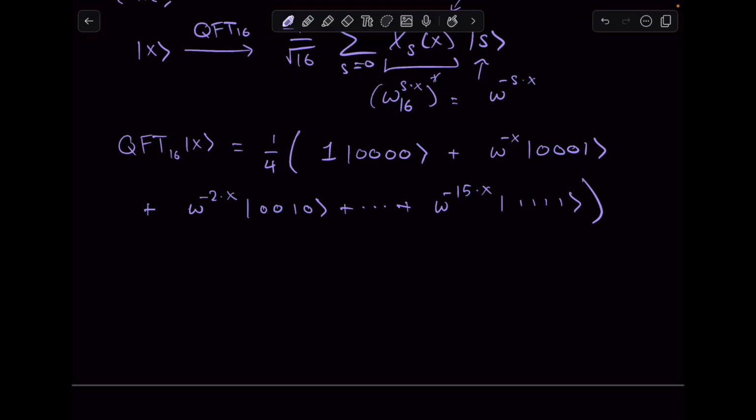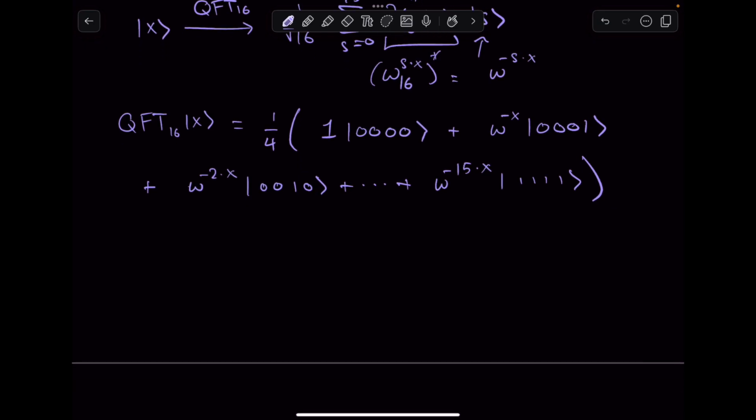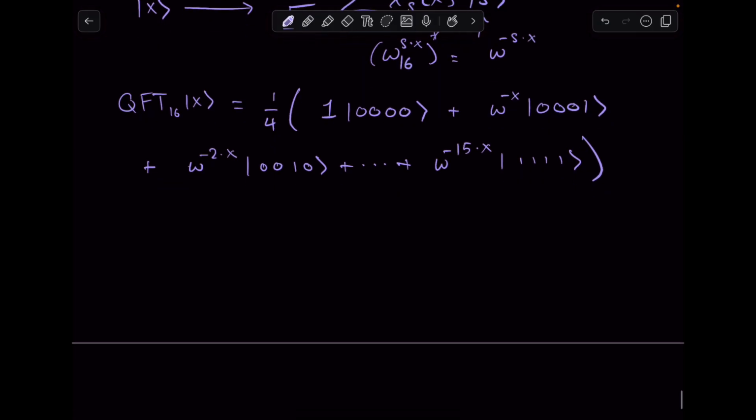And there's a really nice property about this whole thing, which seems like a coincidence, but it's kind of beautiful and it helps this whole thing work out. And it's that this thing is actually a product state of each of the qubits. So that's not super obvious at first, but this is something that's true. And I'll show you. So this is a product state.